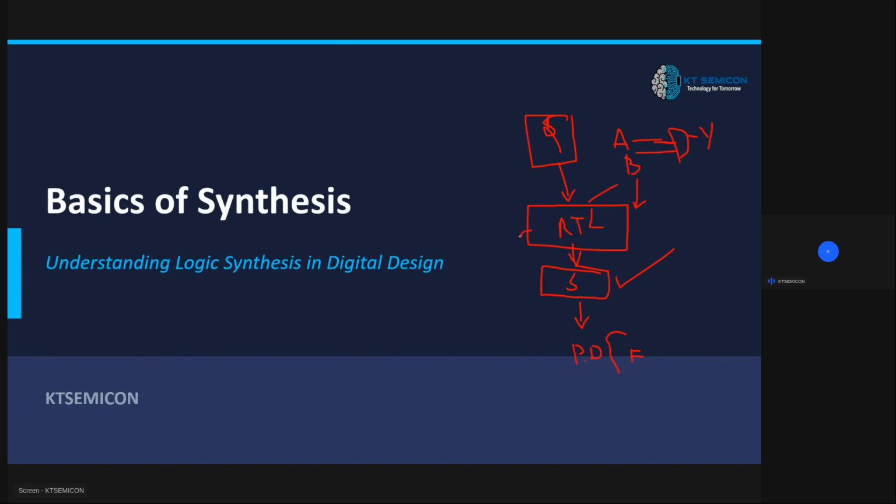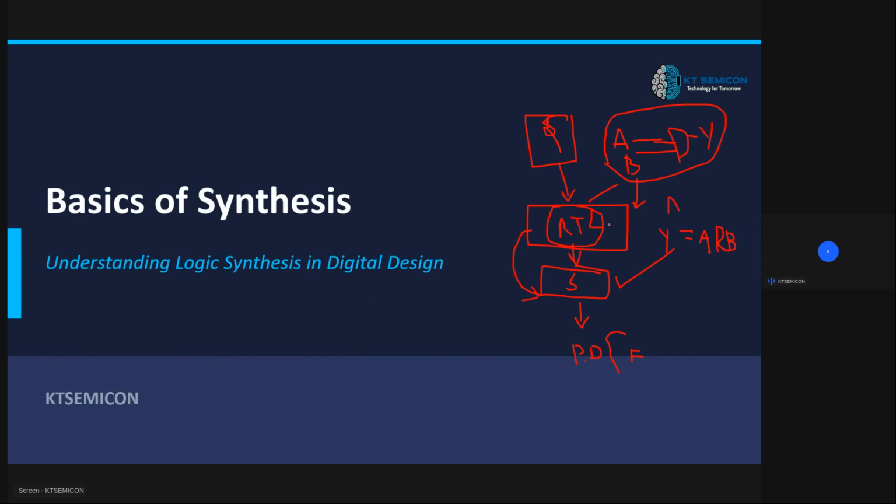But after RTL, we have one step called synthesis. In this synthesis step, the complete RTL code, which means whatever logic there is, is taken. For this AND gate, we'll write the logic as Y is equal to A and B, correct?